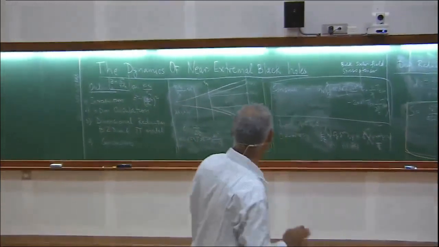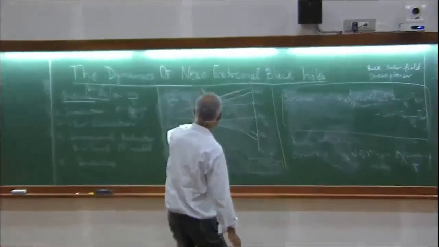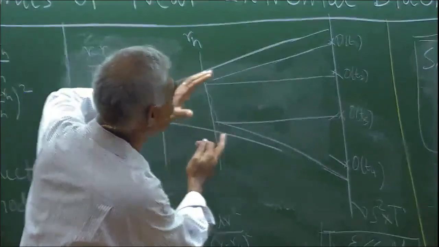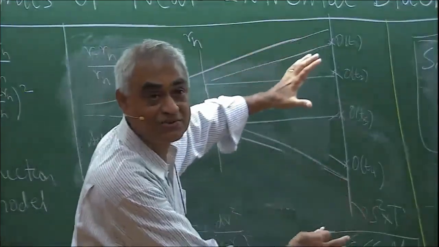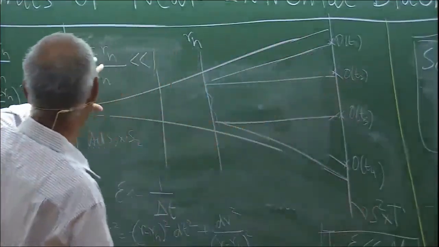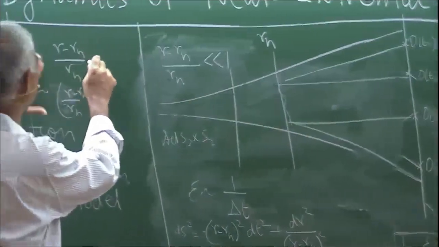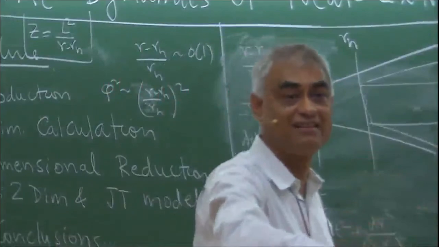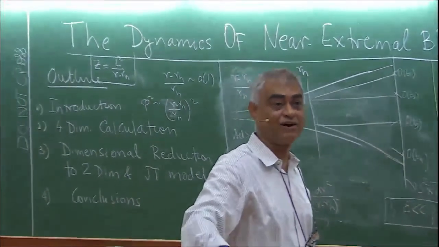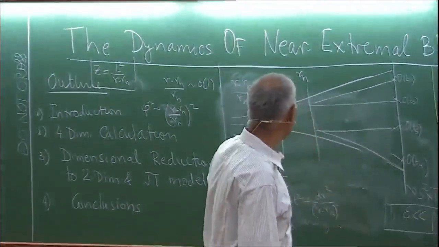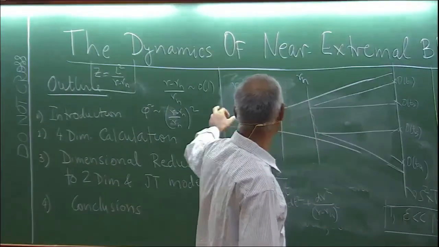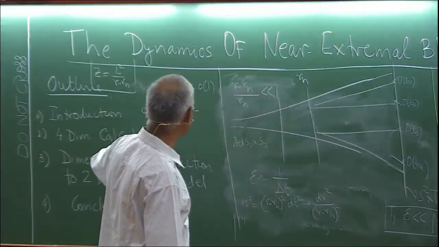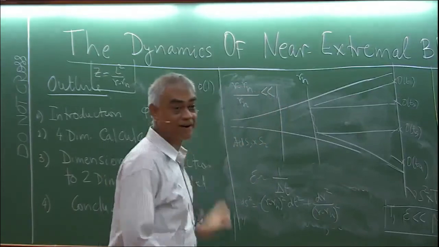So you have to locate the screen carefully, because if you don't locate it sufficiently in the infrared, then you are just seeing the deviations away from AdS2. Once this quantity becomes of order 1, then you have to keep the full geometry, and all the corrections are order 1. So the only sense in which the geometry is near AdS2 is if you have kept some corrections in this parameter, but the parameter is still small.